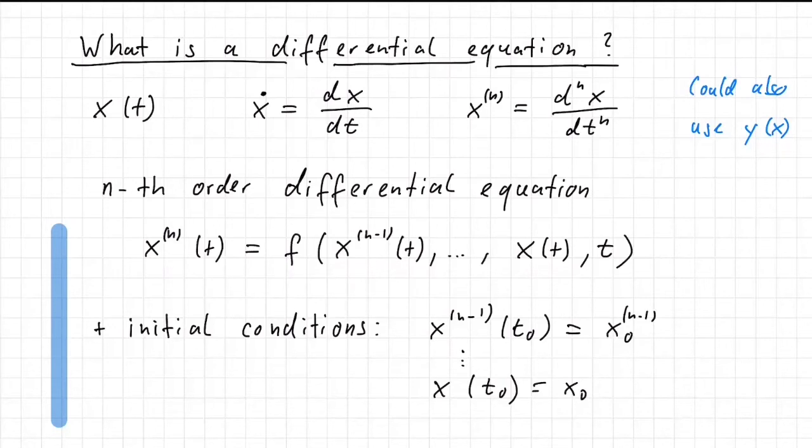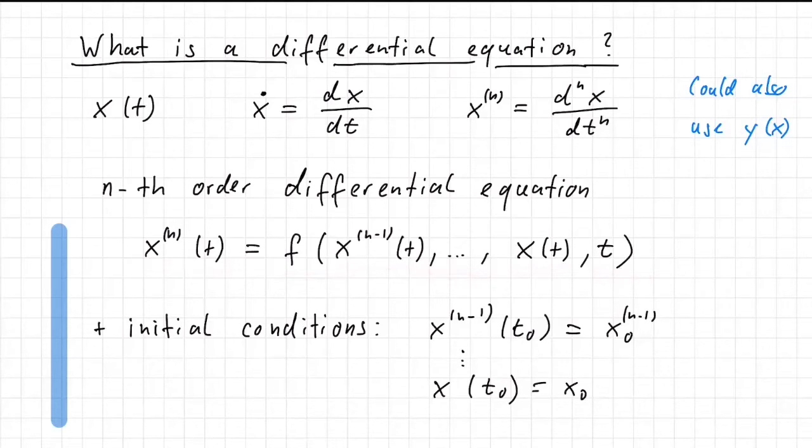And in general, one can write those such that we have the nth derivative of x with respect to t equals some function that depends on all the lower order derivatives, as well as the function itself, and possibly the time t explicitly.